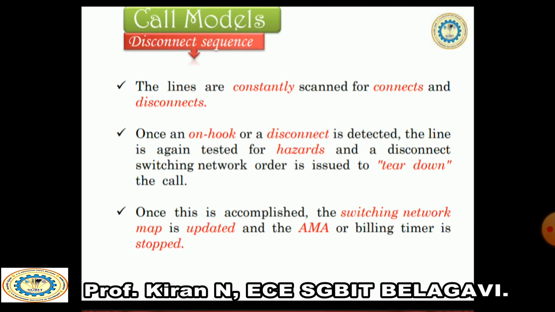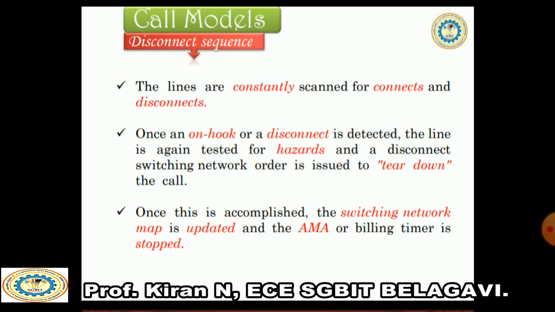Tearing down the call is nothing but making connectivity possible so that A can connect to B. This is only possible if the subscriber is out of the coverage area or in mountain areas.